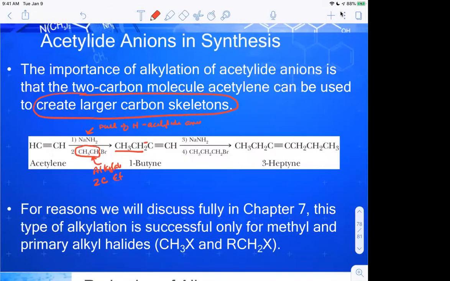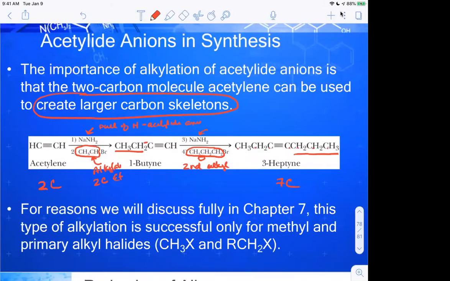I can do this sequence again, another alkylation. So this is a second alkylation, and now I'm using propyl bromide. So now on this side, I'm putting on a 3-carbon chain. So I went from 2 carbons to 1, 2, 3, 4, 5, 6, 7 carbons. I added 5 more carbons.